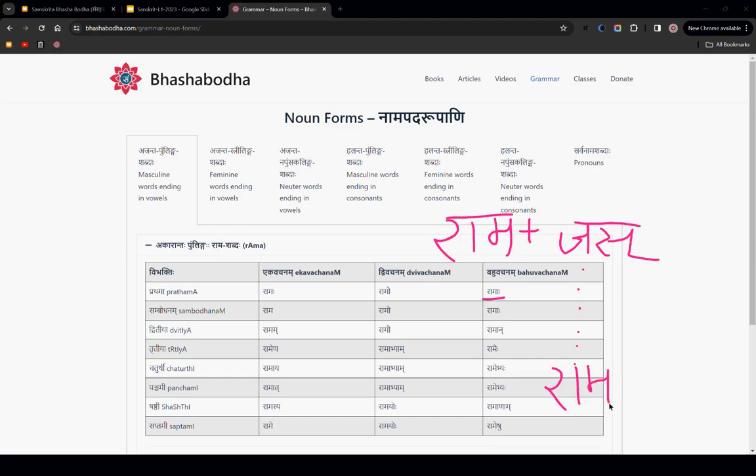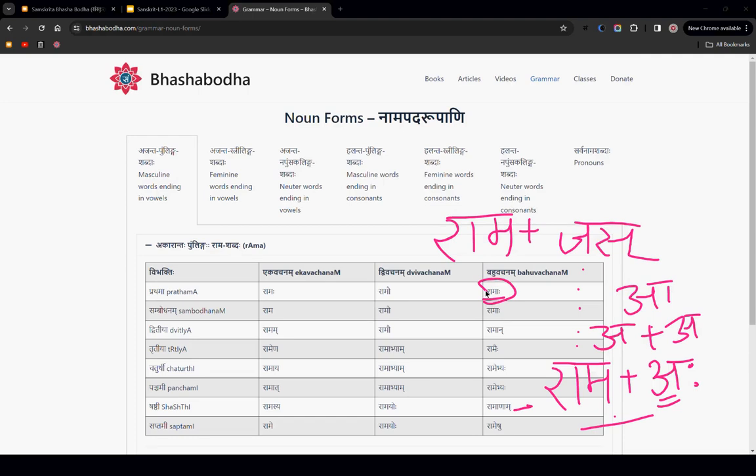At some step, we have Rama plus aha. It comes like this. Then here there will be sandhi, because at the end of Rama we have a, and here also we have a. So together it becomes a. That is a sandhi. So then finally we get Ramaha.